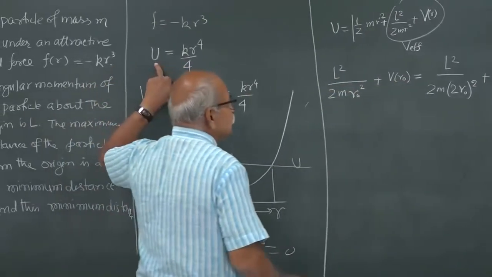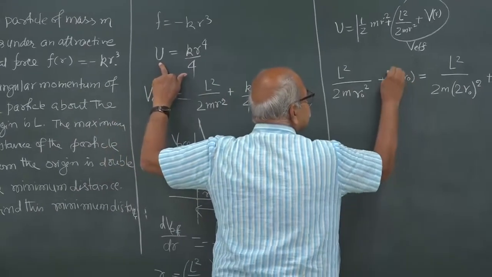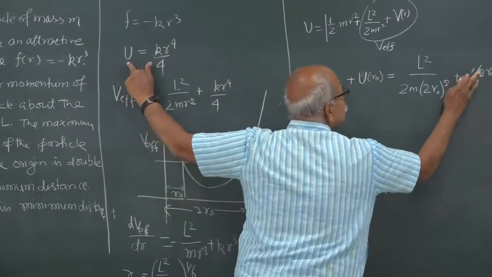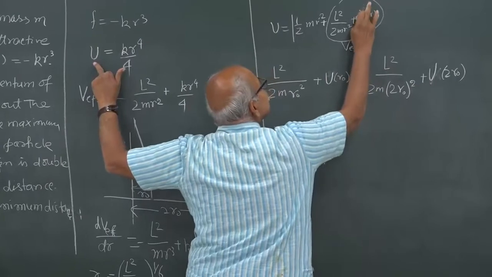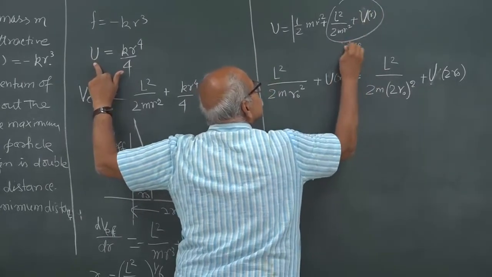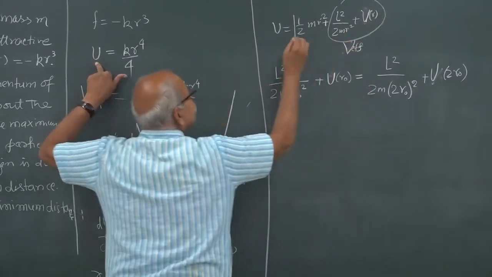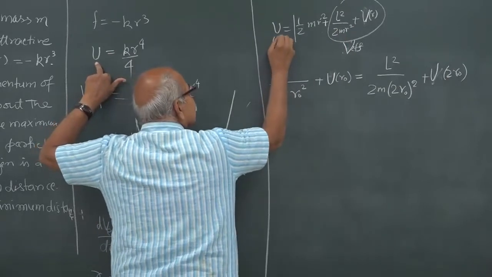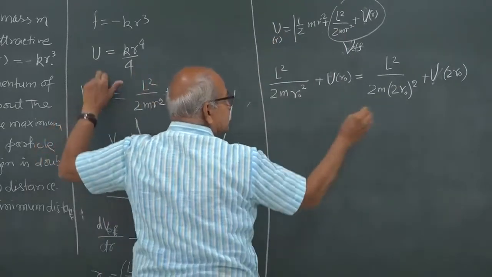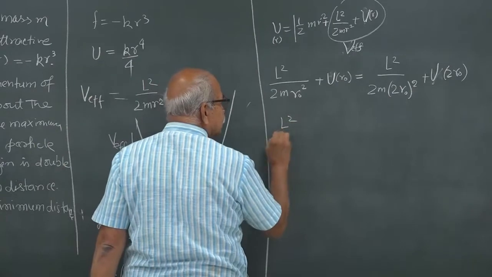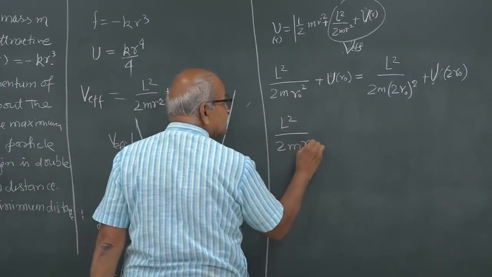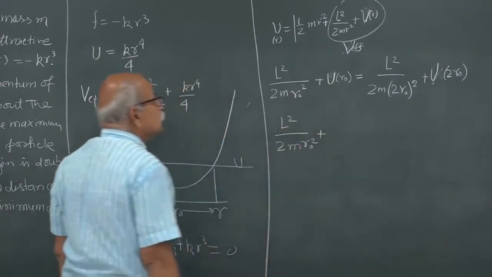I should have written u here, and V effective is fine. So, this is u at r. This is the situation: L square by 2 m r naught square plus u at r naught.